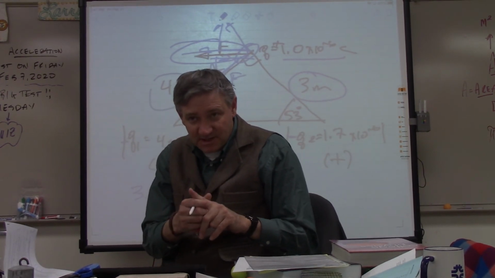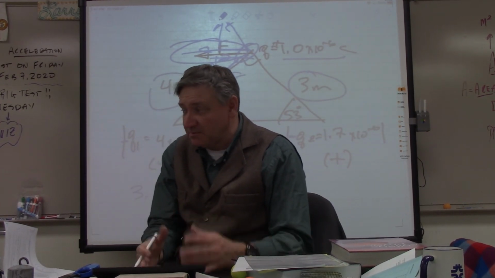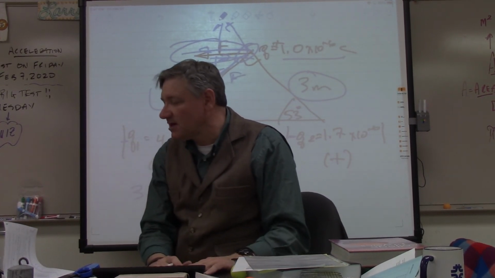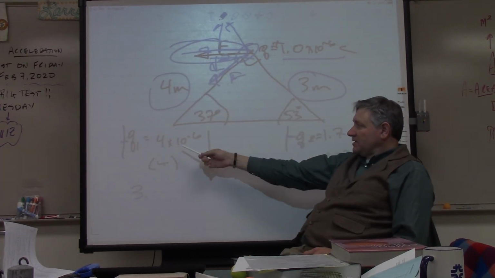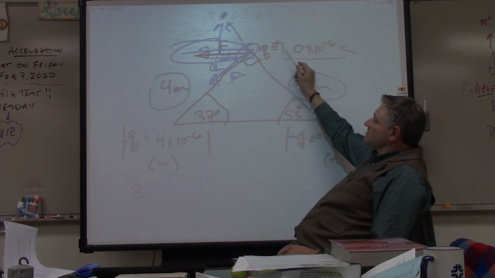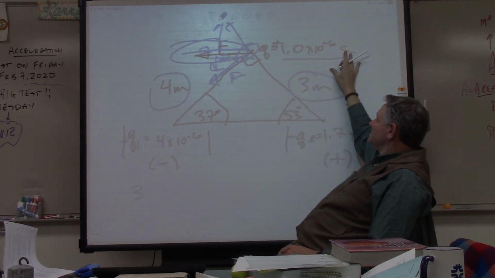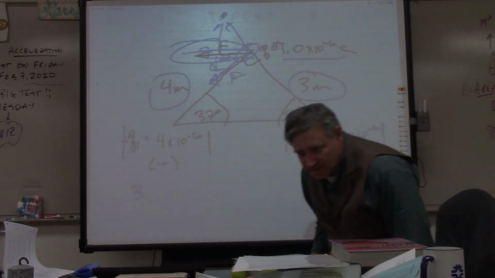This is one of the most fundamental things you have to do with fields and forces: work this in terms of a triangle. This is separated by 4 meters. Here's Q1, 4 times 10 to the negative 6. Here's Q3, 1 times 10 to the negative 6. This is Q2, 1.7 times 10 to the negative 6.